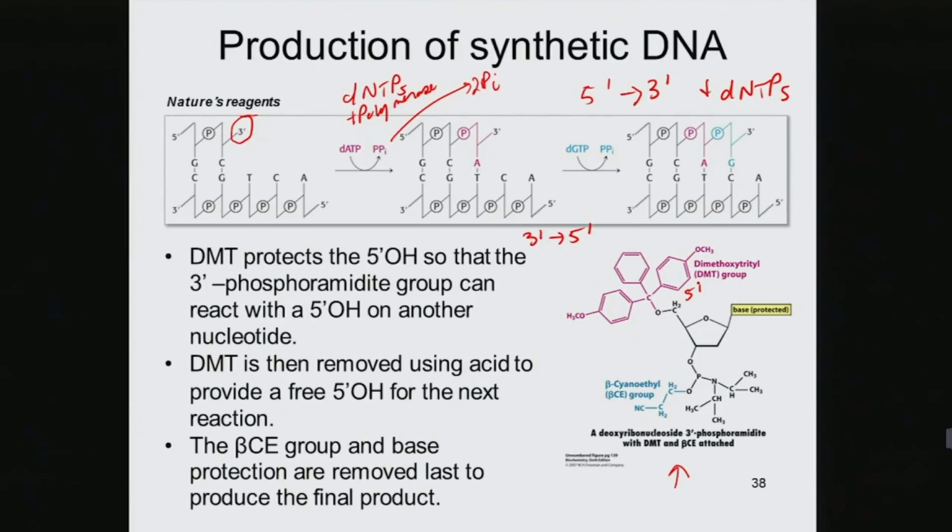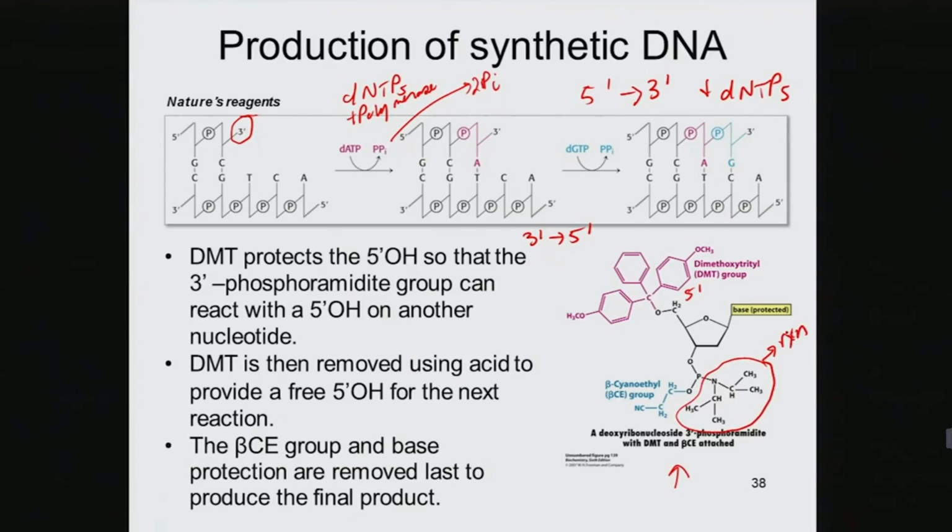You're going to protect the oxygen on the phosphate using the beta-cyanoethyl group, this blue portion here. And then you're going to add on a phosphoramidite component. This is the actual component used for the reaction to get nucleotide incorporation.